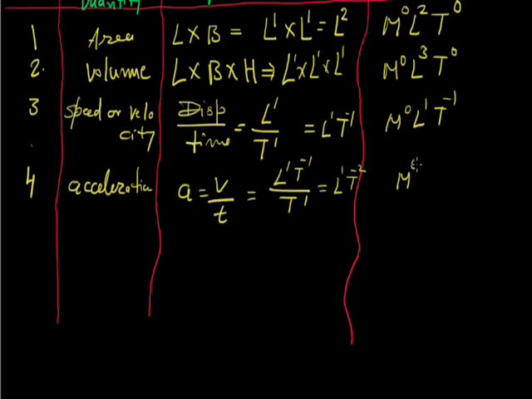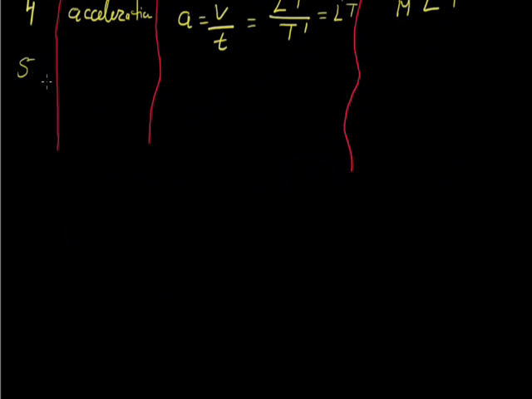So it is represented by M0 L1 T minus 2. Fifth is force. Force is equal to mass into acceleration, and we know that here M will be 1, acceleration is L1 T minus 2 as given in the above relation.